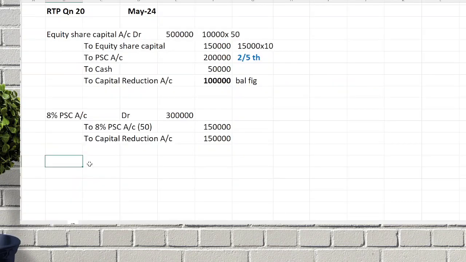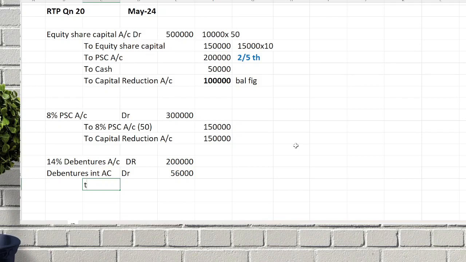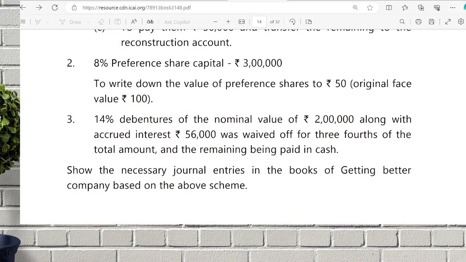14% debenture holders. How much is there? 2 lakhs. Debenture interest account debit. What is the amount due? Interest 56,000. What are we doing with this? 3/4 waived. Is it total 3/4 waived or only interest waived?